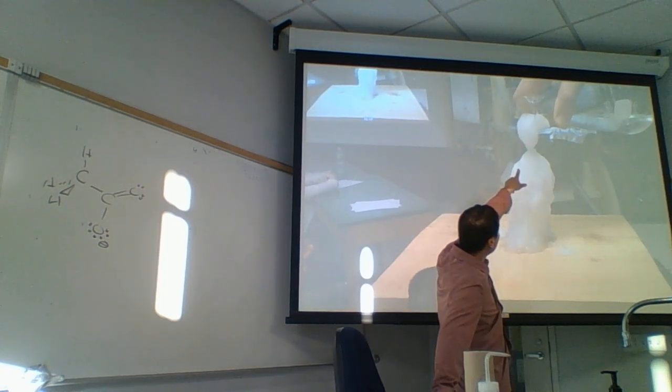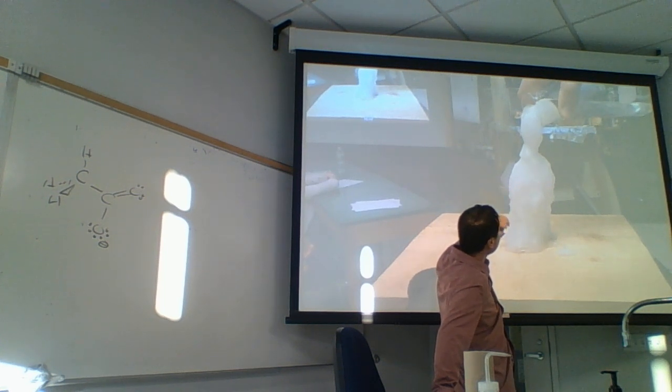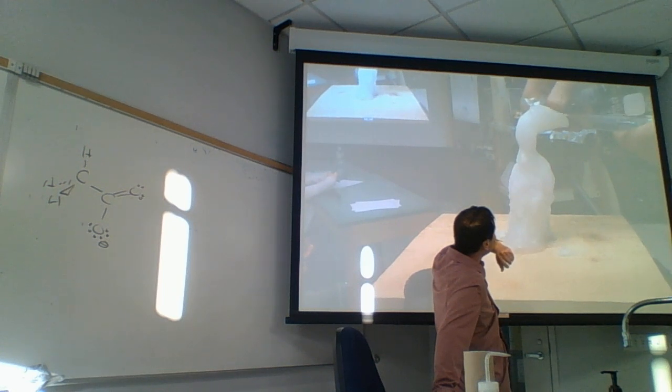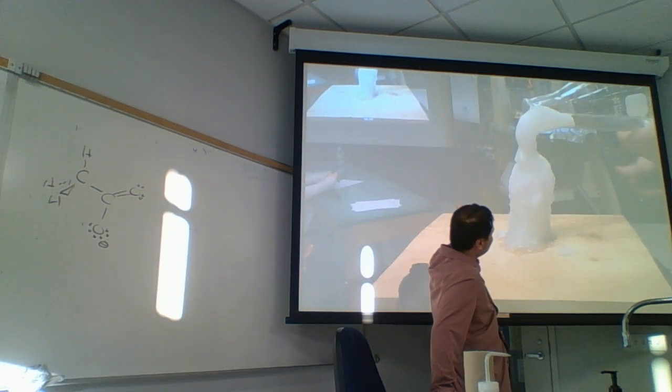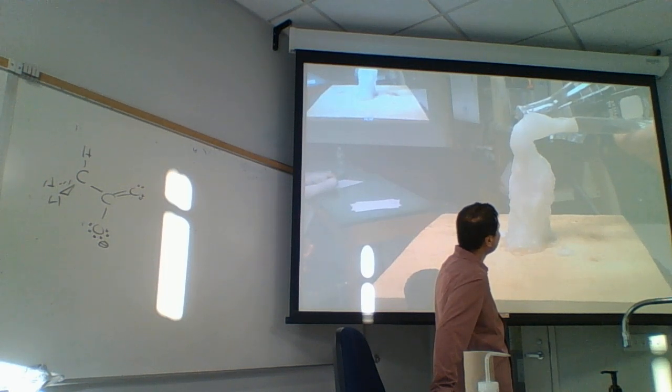You can see that the seed crystal is starting to get into that flask. What's that flask called? I turned off the audio because he called that a test tube. It's not a test tube.